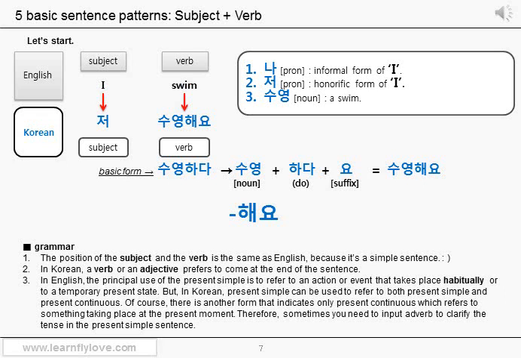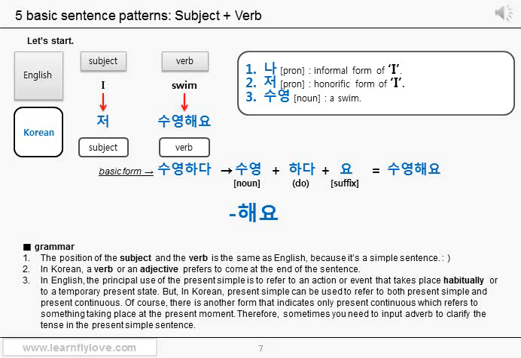Yes, there is the concept of the intransitive verb and transitive verb in Korean as well. Then is it important to know the concept of the intransitive and transitive verb when we learn Korean? For now, the answer is no. In English, intransitive verbs can directly take an object without the preposition, but there is no concept of the preposition in Korean, so you don't really have to care about it for now.